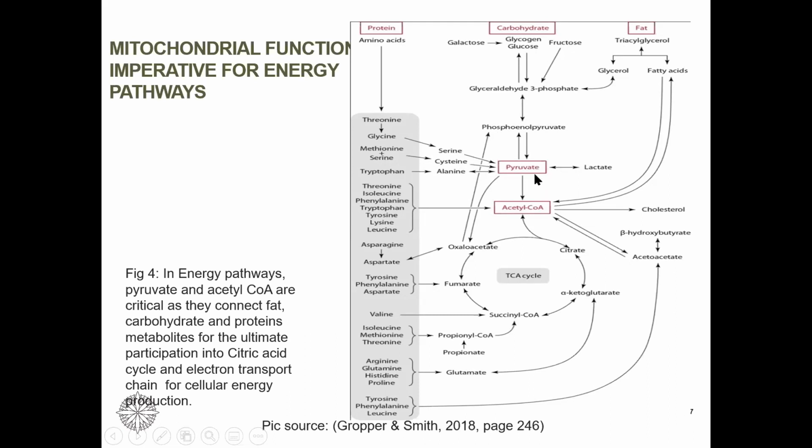Then from pyruvate, we can make acetyl coenzyme A, about which we discussed last week also, because from here we can make the neurotransmitter acetylcholine, or this acetyl coenzyme A can be converted into citrate. And actually we are making this acetyl coenzyme A so that this is the molecule which can go inside the mitochondria. Pyruvate is a big molecule.